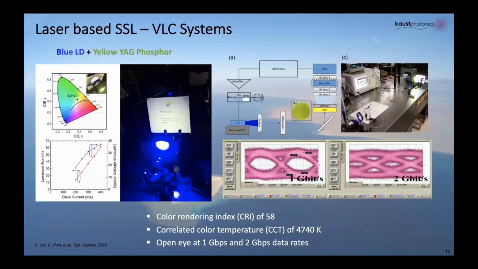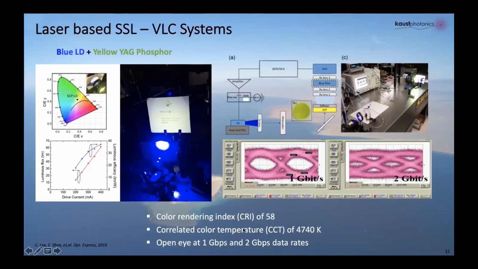We use a semiconductor blue laser, a 450 nanometer laser, to excite a yellow YAG phosphor to generate white light, essentially for lighting applications. This was done in the very early days, 5-6 years ago.